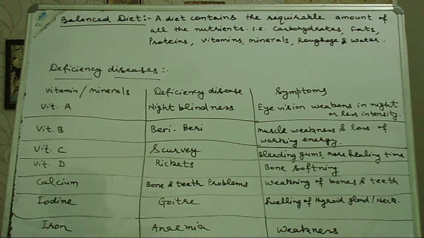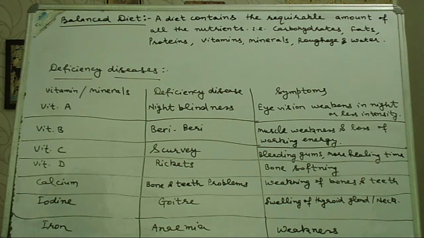Some other varieties can also be added, but prefer items that are homemade. Don't focus more on outside food, that is fast food. Sometimes we eat tikki, golgappe, and so many other items from outside. We have to limit that, as we are wasting our money as well as creating problems in our body.